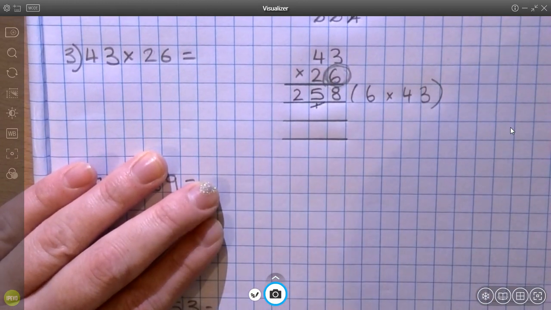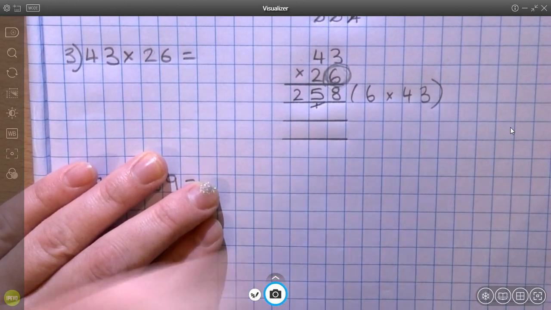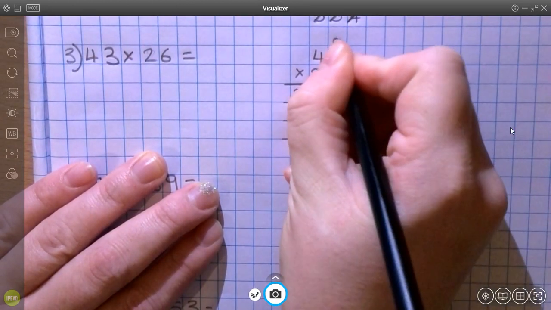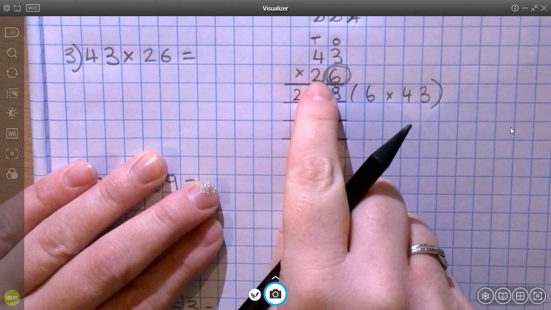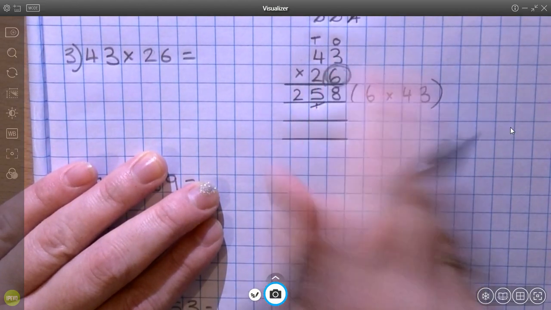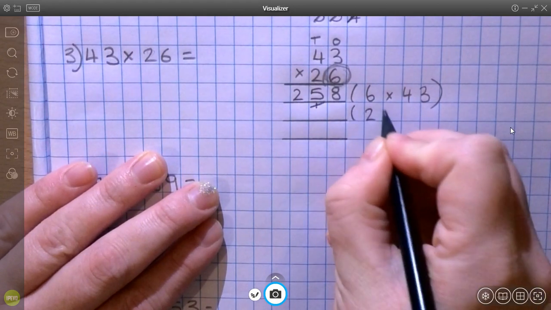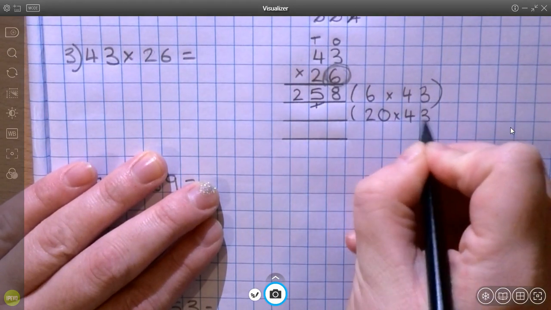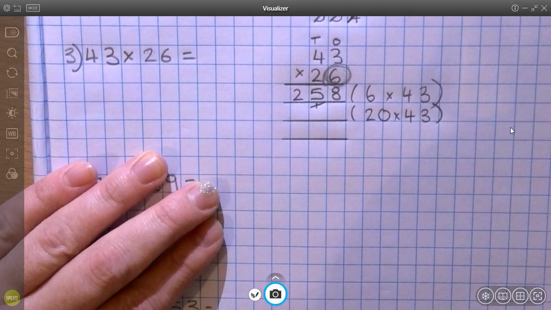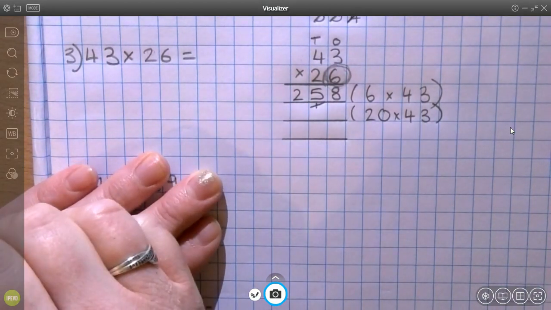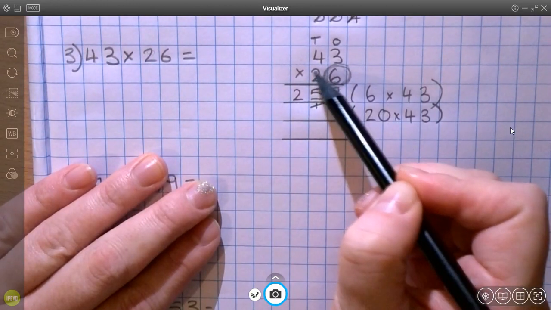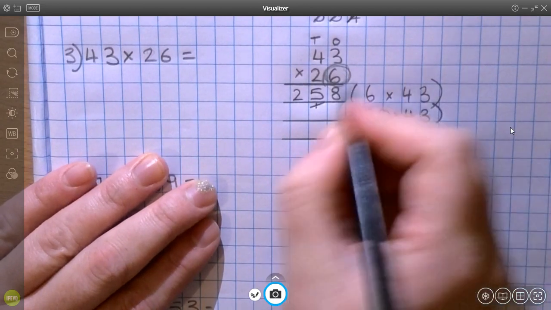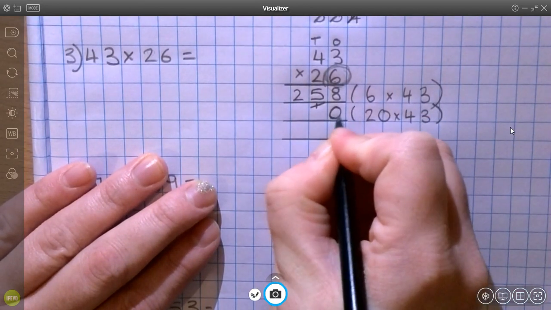but it's not 2 times 43. We have to remember that this 2 is in the tens column, so it's equal to 20 times 43. So that's what the answer is going to be on this line, 20 times 43. Now, so my answer isn't wrong, and I'm not just doing 2 times 43, because it is 10 times bigger, it's actually 20, I need to put that placeholder of 0 in.